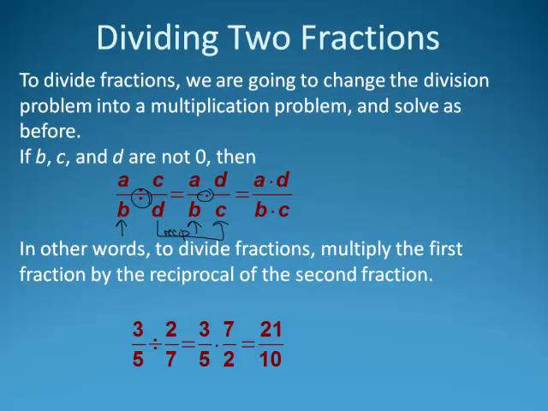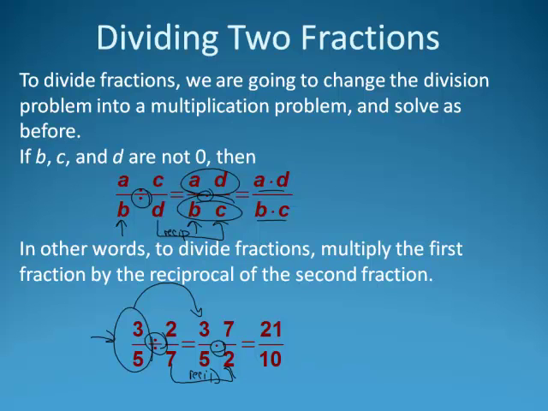Now we have a multiplication problem, and as we just talked about, we can simply multiply the numerator and the denominator together to get our final answer. So using real numbers down here, we've got 3/5 divided by 2/7. That's the same as if we take the first fraction and we leave it unchanged, change division to multiplication, and that works only if we take the reciprocal of the second fraction.